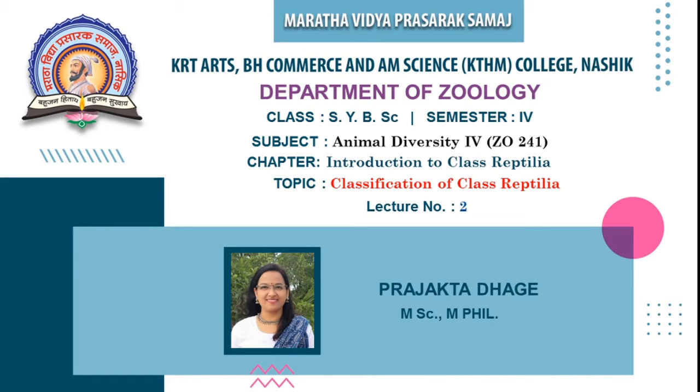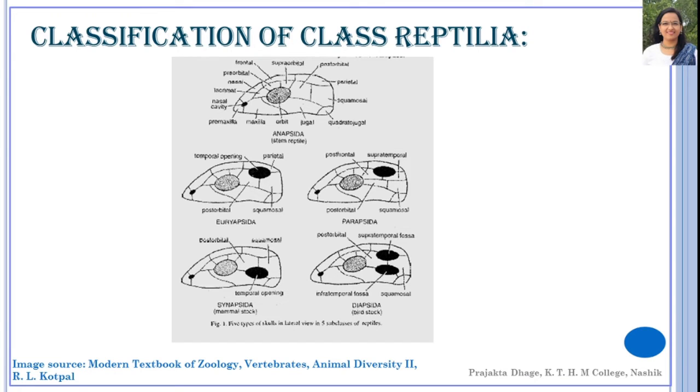Class Reptilia has been divided into 5 subclasses on the basis of presence or absence of the temporal vacuities or fossae or say gaps in their skull.